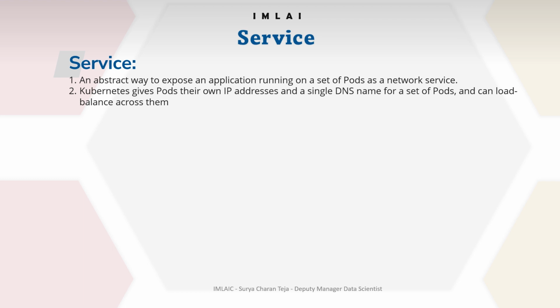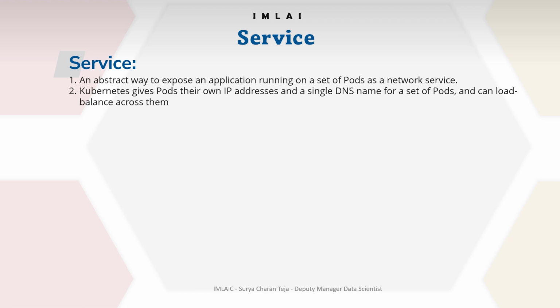If you use a deployment to run your app, it can create and destroy pods dynamically. Each pod gets its own IP address. However, in a deployment, the set of pods running at one moment in time could be different from the set of pods running that application a moment later. So this leads to a problem.